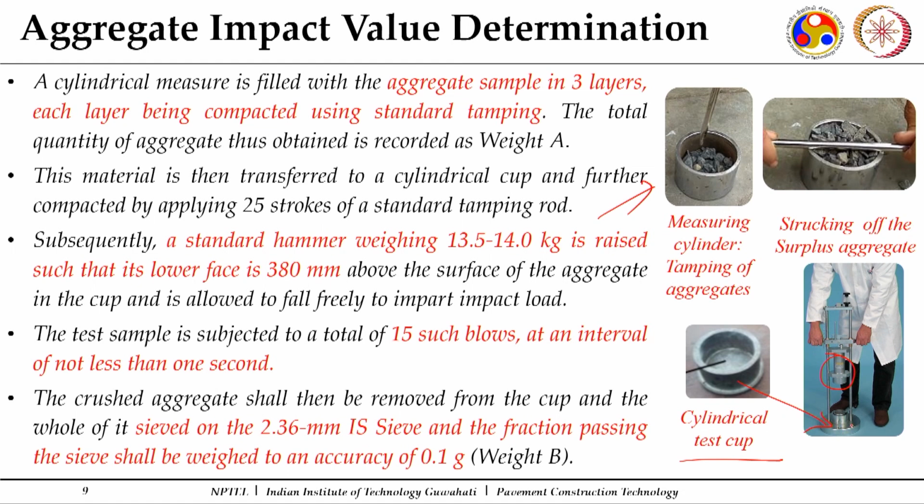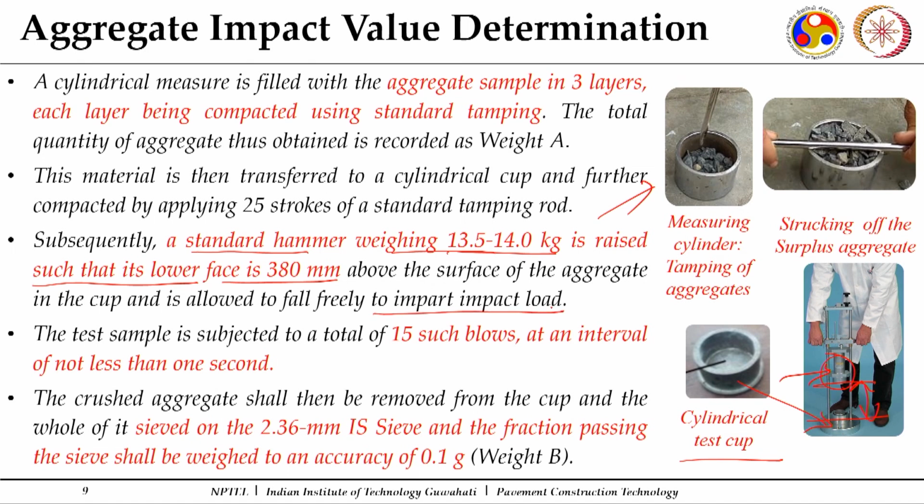What is done here is that you can see there is a standard hammer weighing 13.5 to 14 kg, raised in such a manner that its lower face is around 380 mm, and then it is allowed to fall over the aggregate sample.